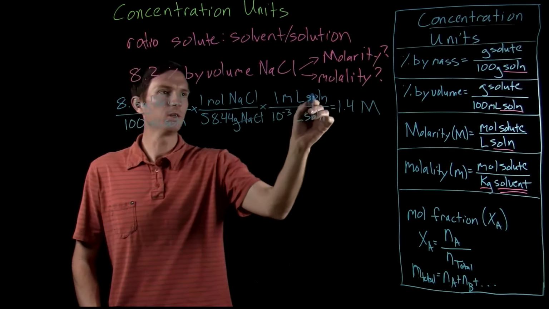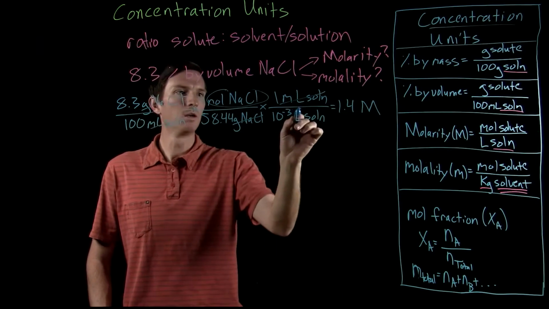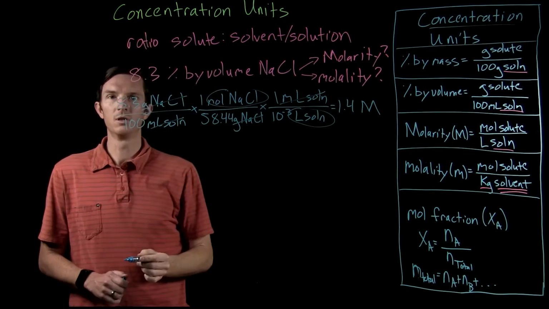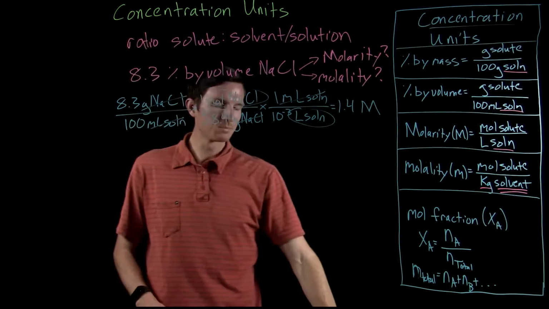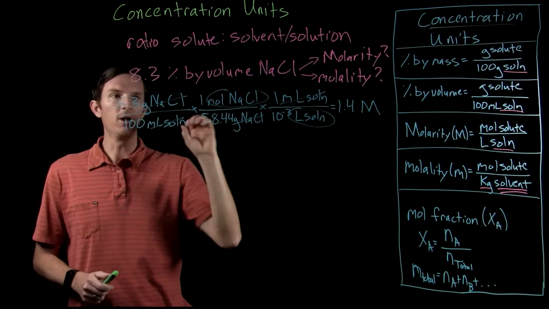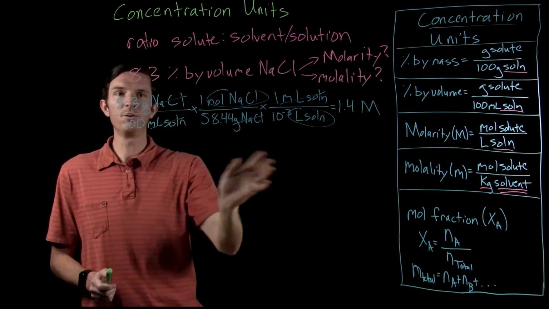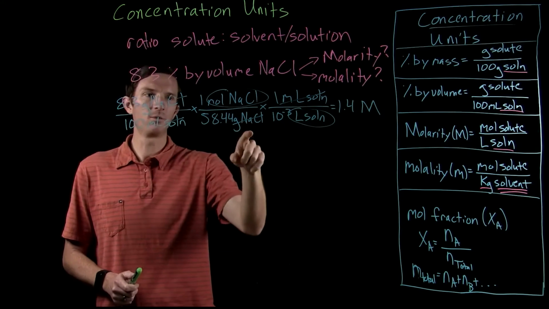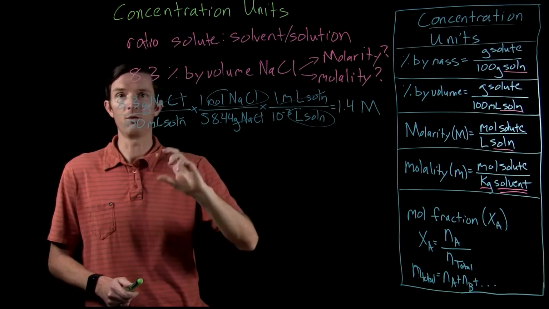We see our units cancel out here, and we end up with moles of sodium chloride per liter of solution. As I'm writing these out, you'll notice I'm being very explicit in saying grams of what, milliliters of what, or moles of what. Because if we don't do that, we can get very confused, and maybe we'll cancel out the grams of something that should be our solute when it's dealing with our solution, or vice versa.